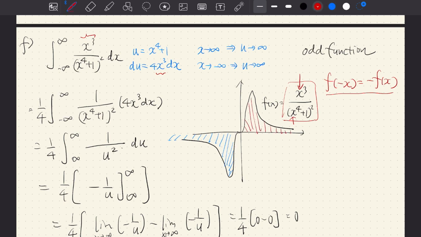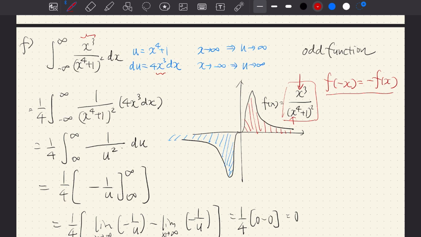Because this function is mirror symmetric, the blue area and the red area are the same in magnitude, but the blue area would be negative because we're using signed area, and the red area would be positive, so they would cancel. So in this problem, the value of the improper integral is actually 0.